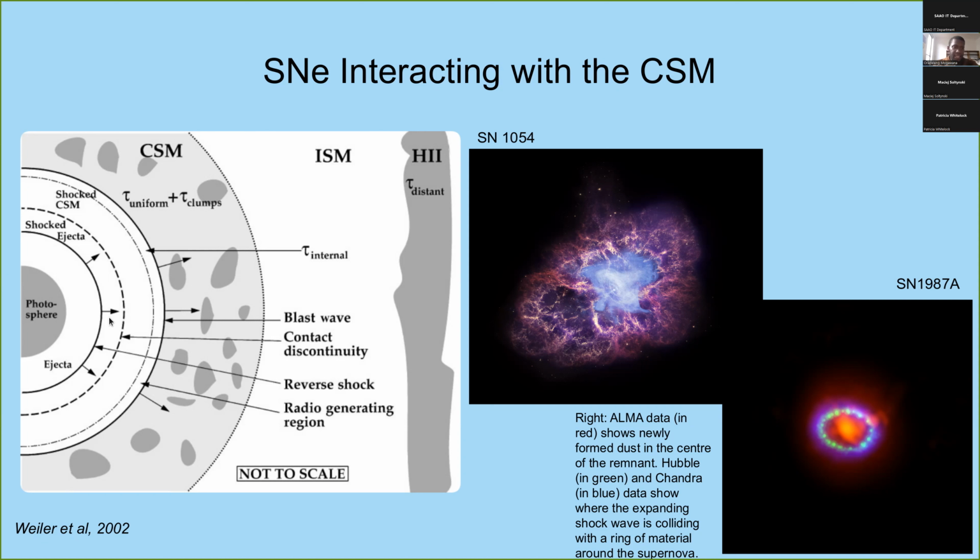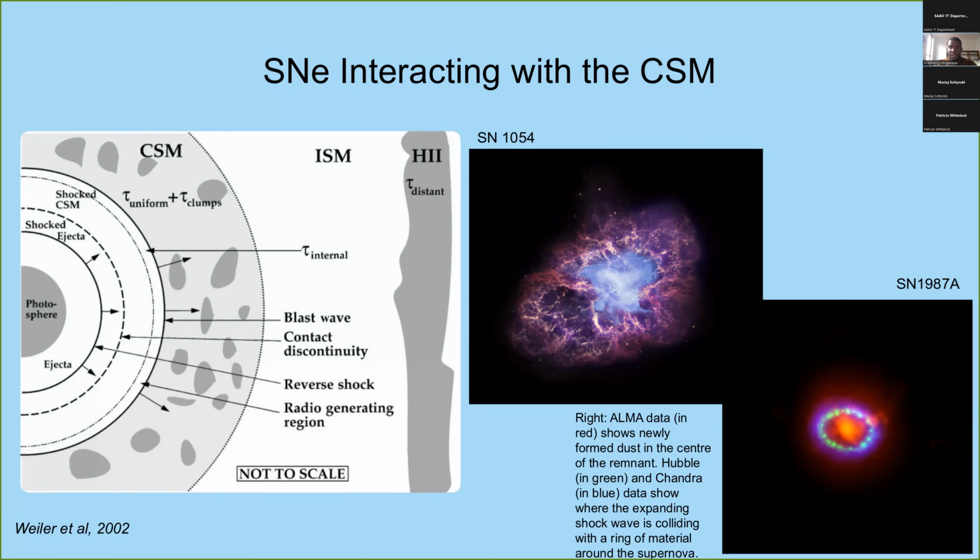And then the reverse shock, where the material has interacted and collapsed in such a way that you have a boundary of two shocks. And in the middle, you have an interaction region where the material from the downstream of the forward shock and the material from the downstream of the reverse shock is mixing.